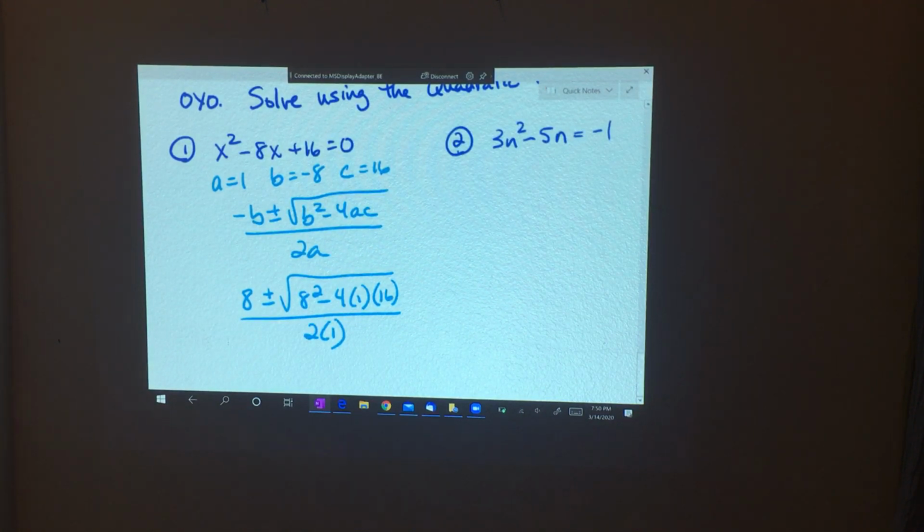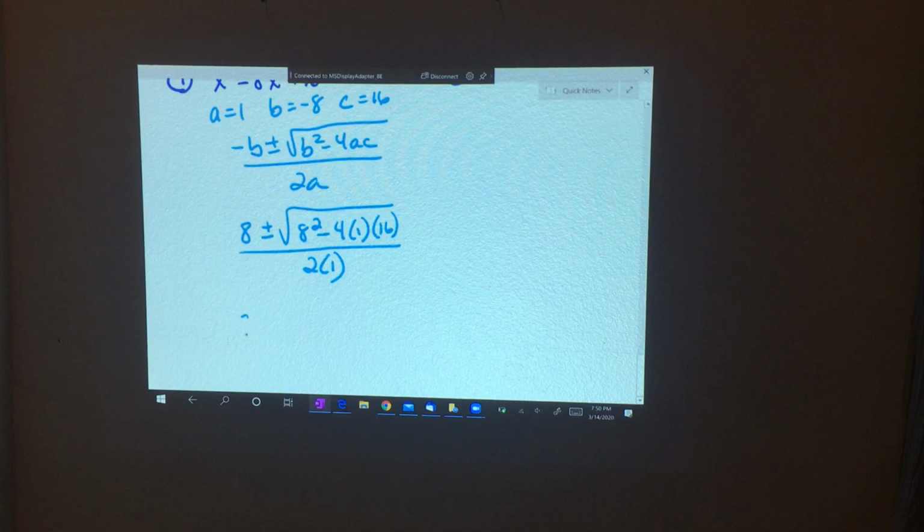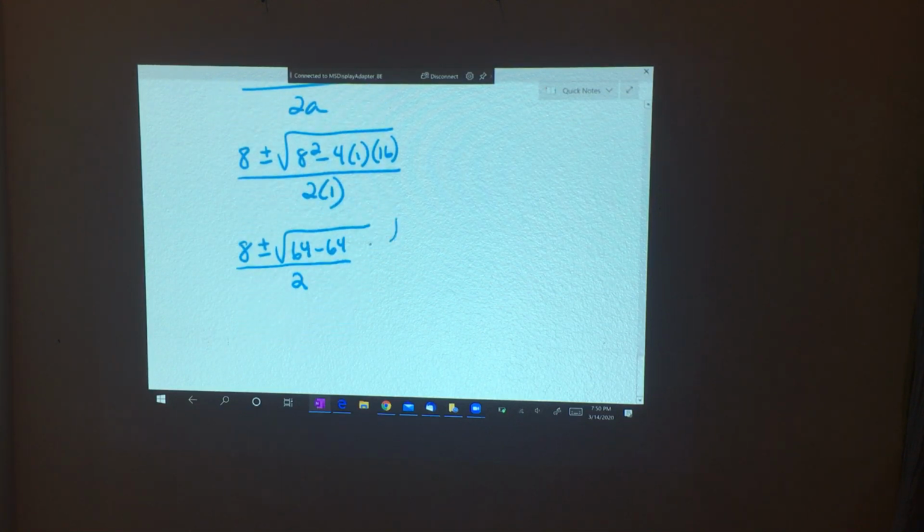You're looking at yours, so I'll just keep going. You've already done this. So we've got 8 plus or minus the square root of 64 minus 64 over 2. Look at under here: 64 minus 64, that's 0.